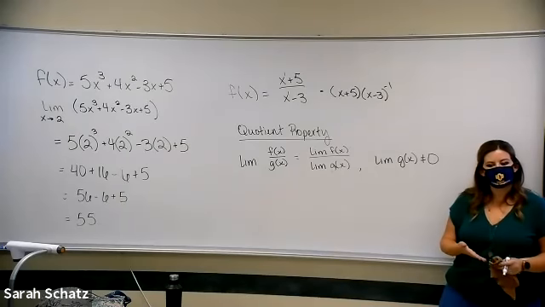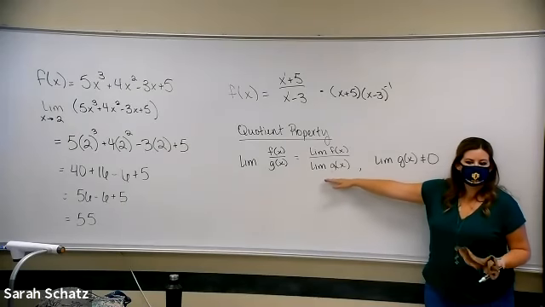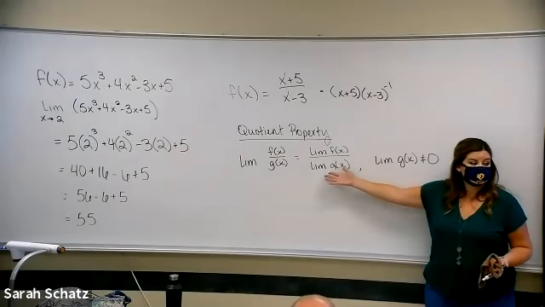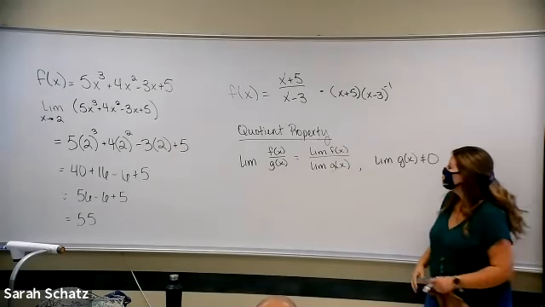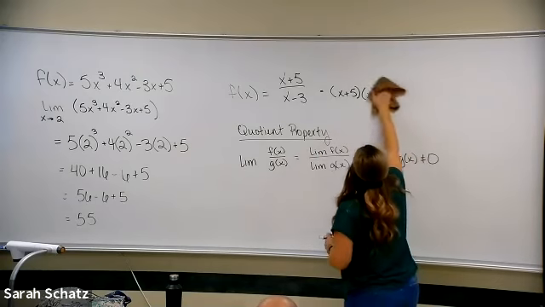Why is that the case? What if it was 0? It would be undefined, and then I would just have to stop and say it's undefined. So let's use our quotient property and see what happens.